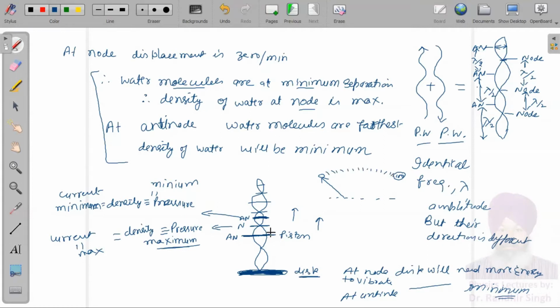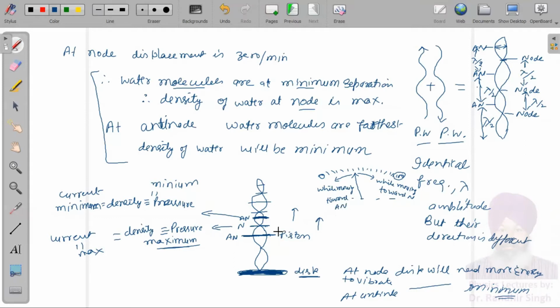So if I move the piston upward, since nodes and antinodes are coming alternately, whenever our piston is moving toward the node, the current shown by the needle will be increasing while moving toward the node, and this needle will move to the left, the current will be decreasing while moving toward the antinode.